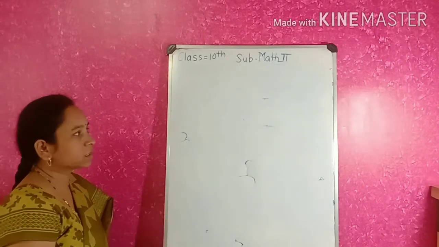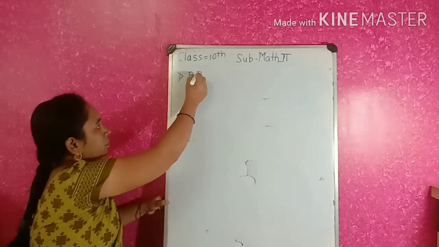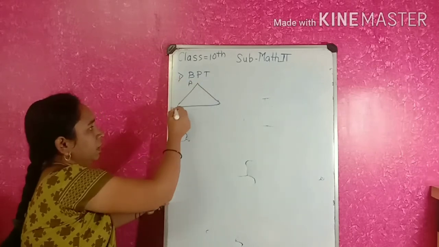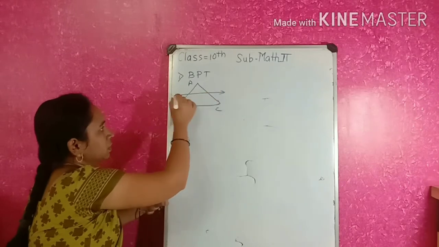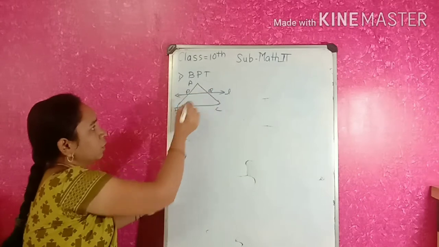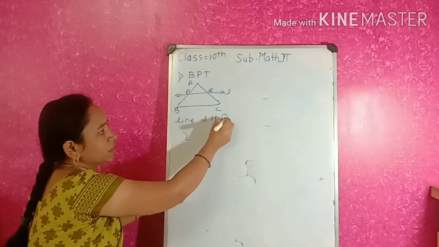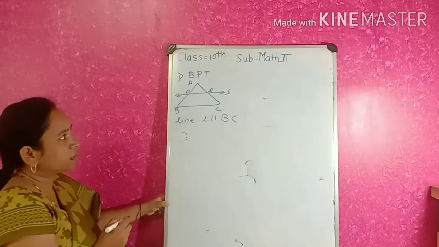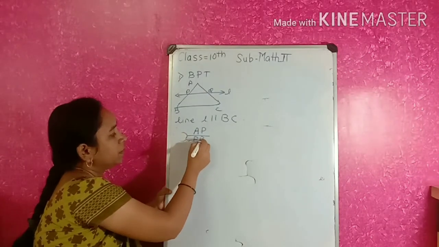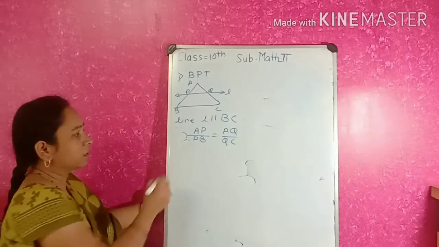Students, what we have studied in this video, let's revise it. First, the BPT theorem. In triangle ABC, this is line L, meeting at P and Q. If line L is parallel to BC, then by the BPT theorem, AP upon PB is equal to AQ upon QC. This is the BPT theorem.